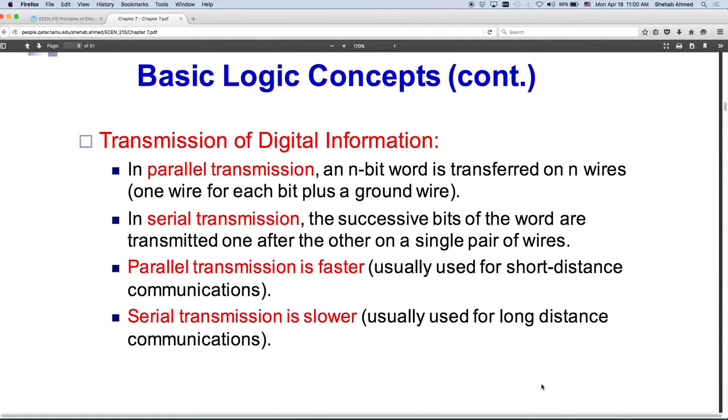The way you look at these pockets of information, I can send the rain, wind, sun. I can agree with you that every minute I will send 3 bits, and they will stand for rain, wind, sun. This is an agreement between me and you. Or I can send you 3 bits together, and you know that, for example, the one on the right is rain, the one in the middle is wind, and on the left is sun.